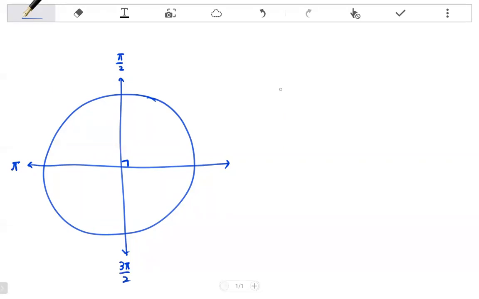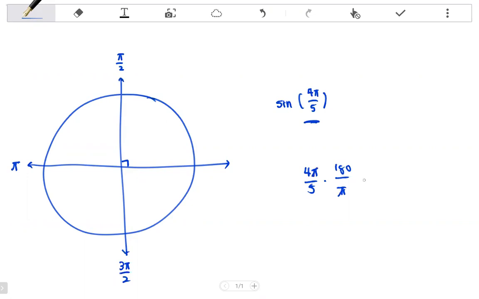Where are the coordinates of sine 4 pi over 5 going to be? Well, 4 pi over 5. If you're not accustomed to radians yet, you can convert that quickly by multiplying by 180 over pi, right?